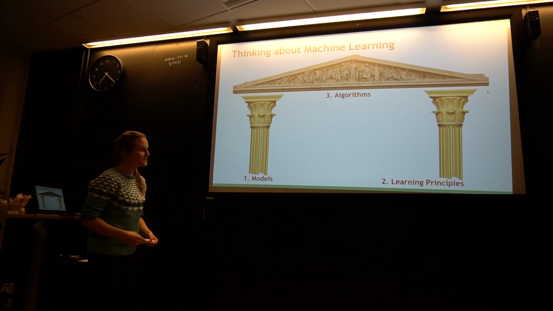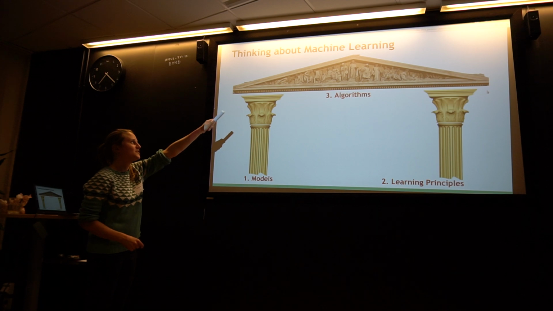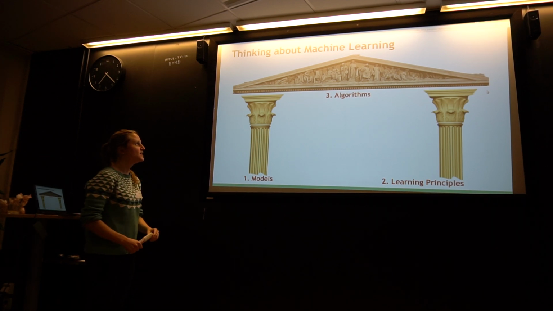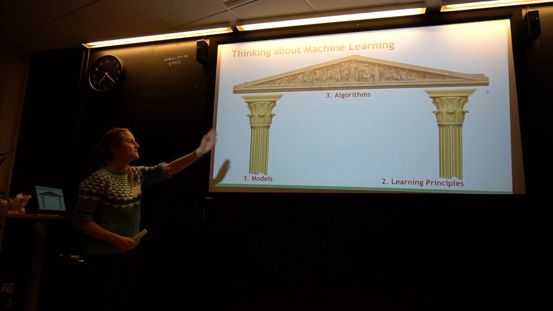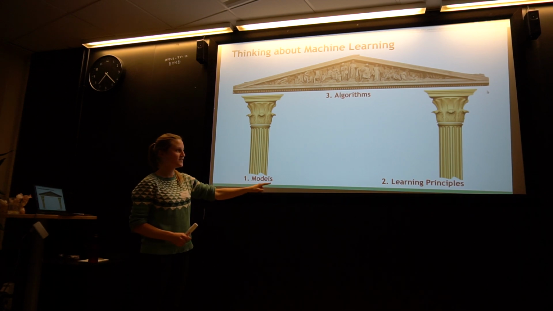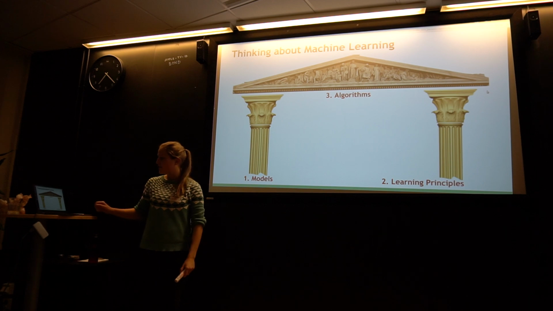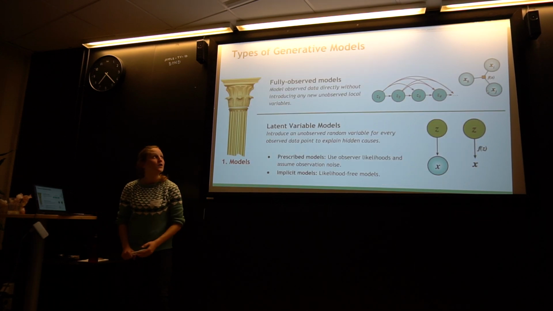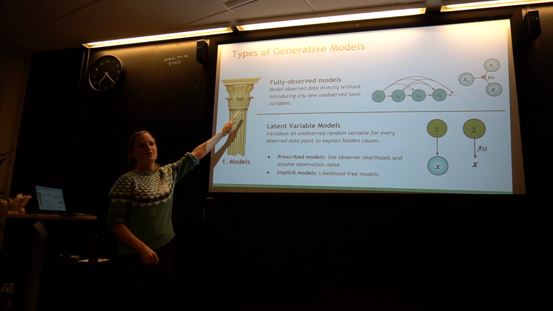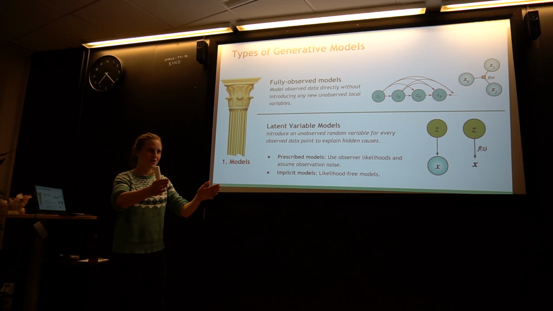So let's try. We have on the top of our machine learning universe the algorithms. These are any kind of machine learning algorithms. And the two pillars that hold this roof are the models and the learning principles of these models. So what kind of models are we thinking about? Well, either we can have fully observed models. For example, you have your classifier where you put in your input data and you know your output data, right?